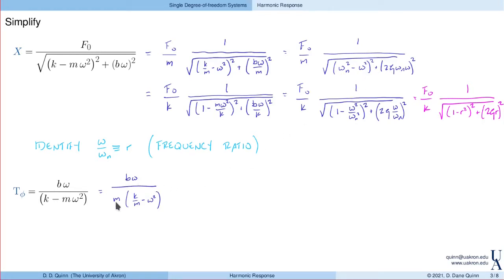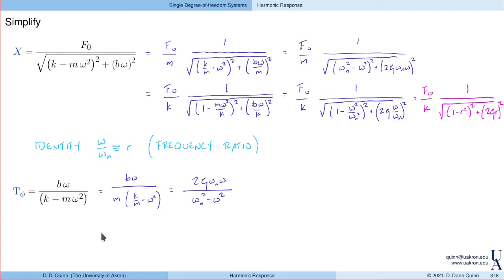So b omega over m, well, that was 2 zeta omega n times omega, and k over m is omega n squared. So we can write the tangent of the phase in this way. Again, damping ratio, natural frequency, forcing frequency.